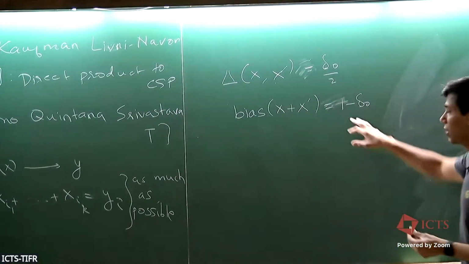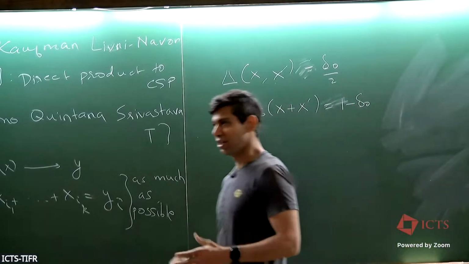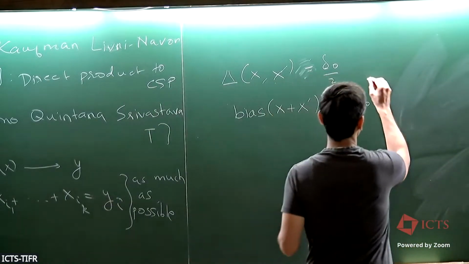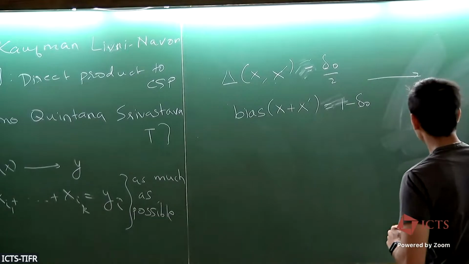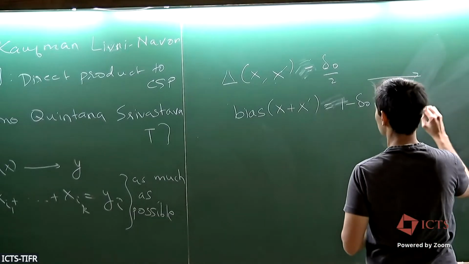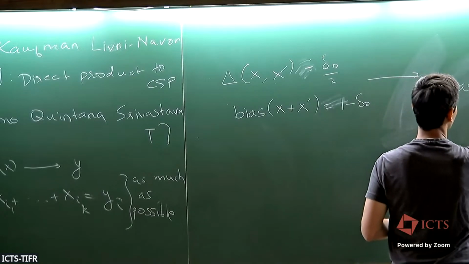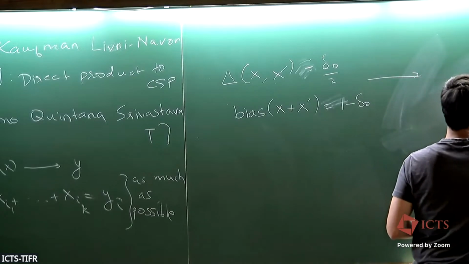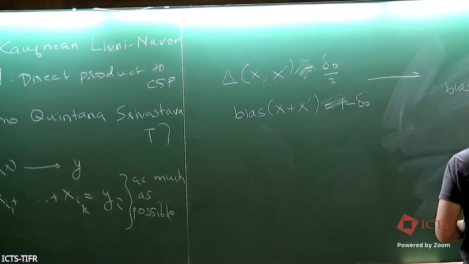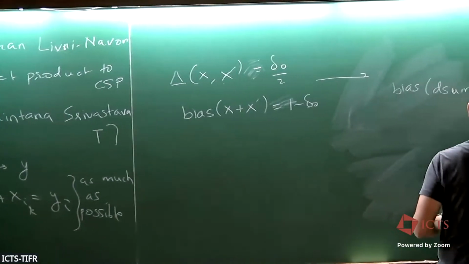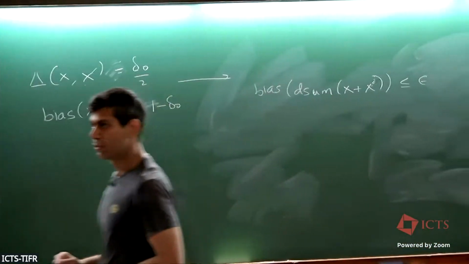So bias is some constant, not great. And what do these constructions do? They tell me that the bias of the direct sum is fairly small.